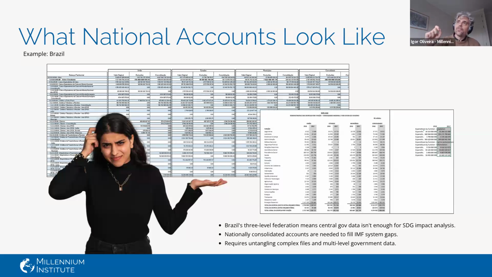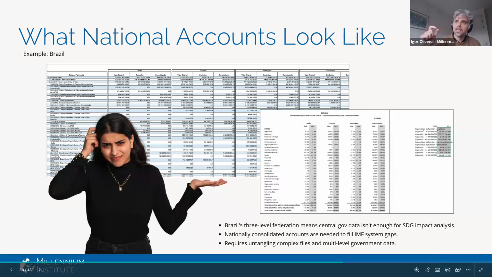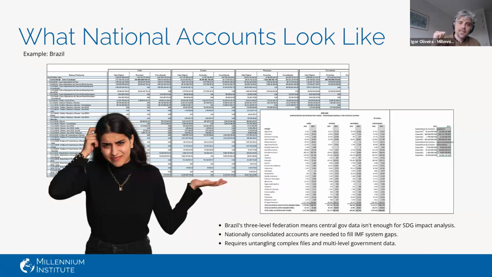Because, for instance, when we calibrate a unit cost, we calibrate it with past data. So we look at the whole history of, let's say, investment in health in Brazil, and then we see certain consequences of that investment. If we calibrate it only with central government data, it will seem like investing in health in Brazil is easier than it actually is, because the expenses were this small to generate all of these results.